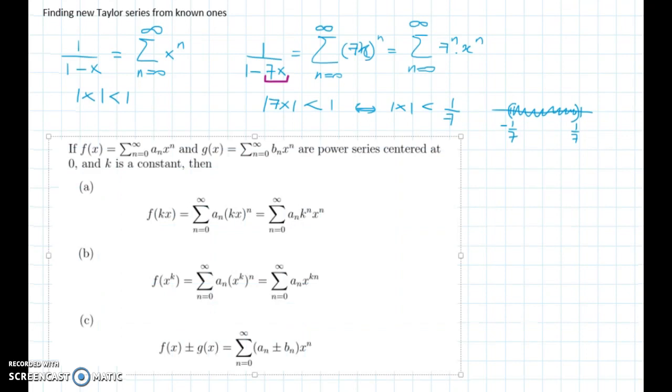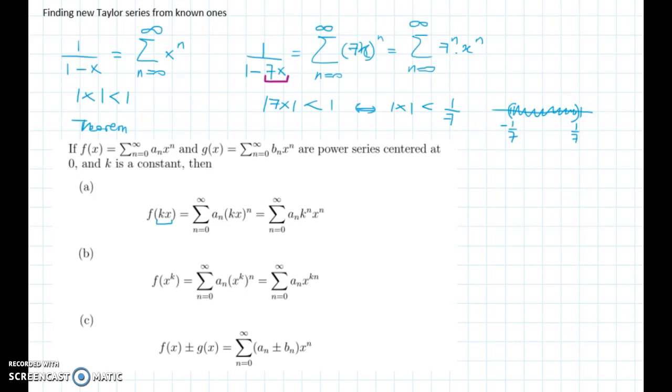What we just did is part of a broader result. So let me write here theorem. Let's say we have two power series centered at 0 and k that is a constant. Then if we wish to find the power series associated to the function that has the variable x multiplied by k, then we can do it exactly as we did in the previous example.